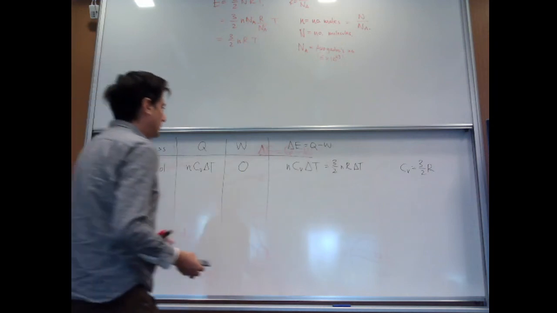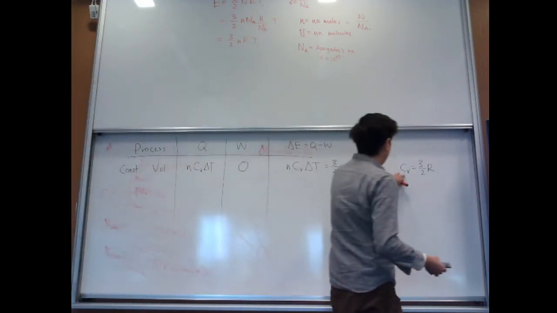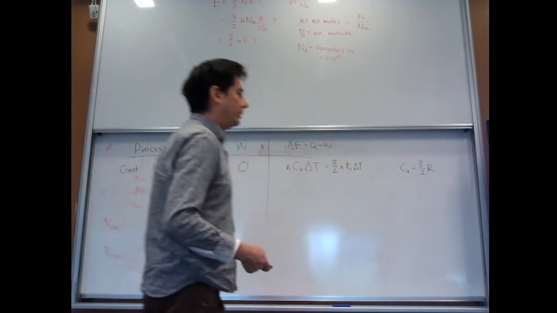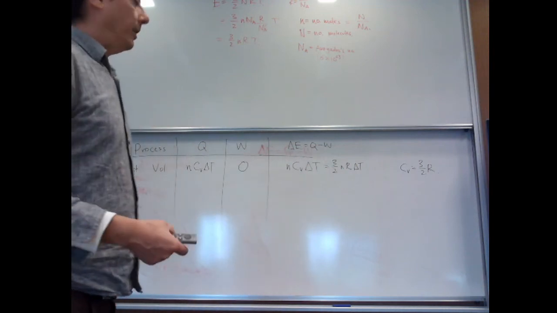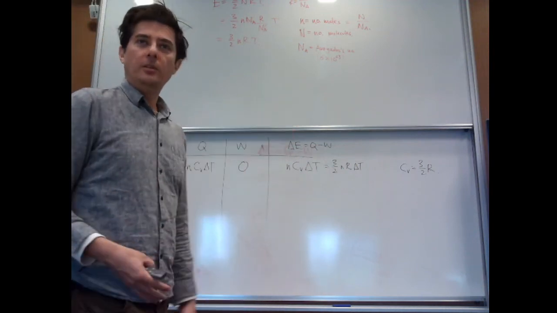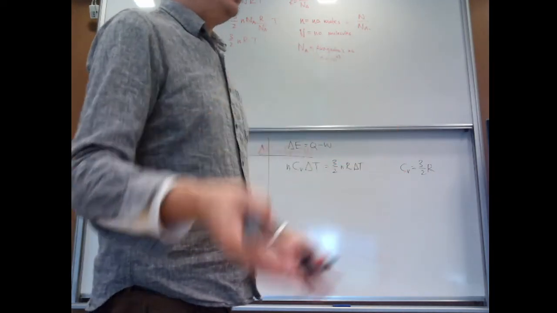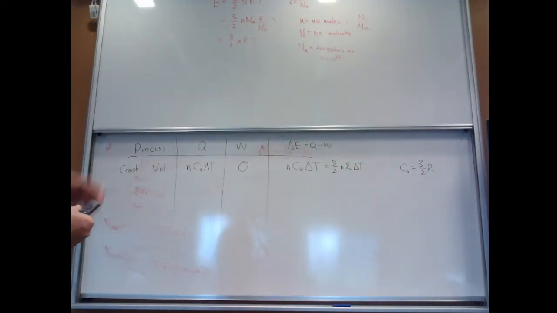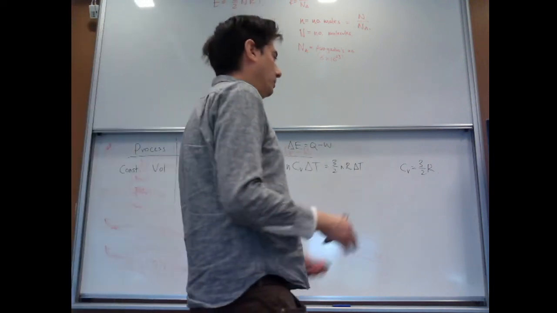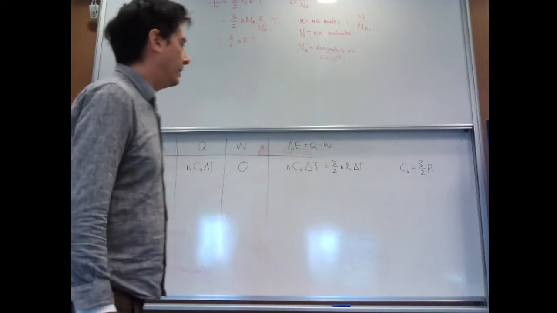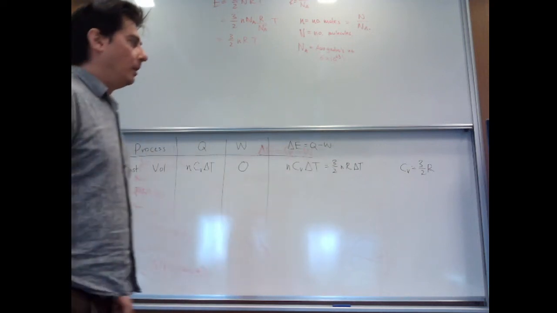So we could make a quantitative prediction for the heat capacity, and this is something certainly you could measure, right? Because you can get some gas, you can heat it up, and then you can work out how much energy it took to heat up the gas by a certain number of degrees.